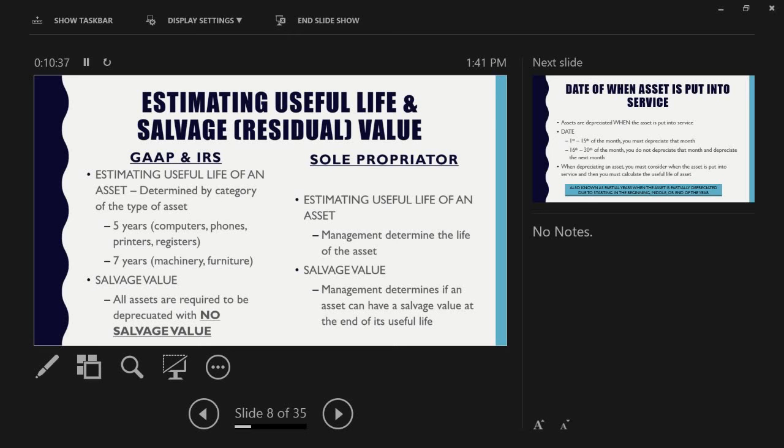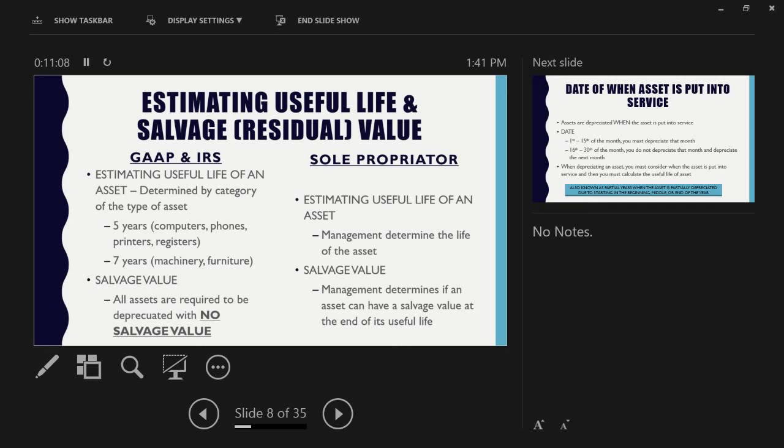There's GAAP and there's what we can do as a sole proprietor. Sole proprietors have leniency, but they also have an advantage to determine these two components. They have the advantage to give an estimated life as well as determine a salvage value.